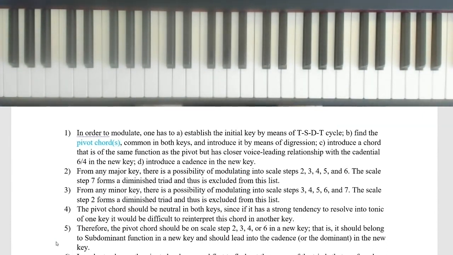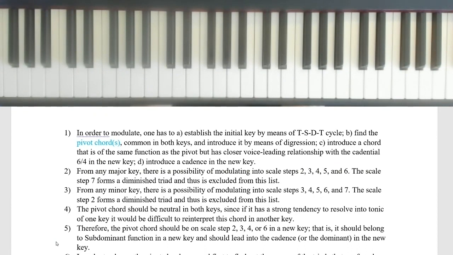Then you have to find the pivot chord. You have to calculate, find the chord which is common between two keys. I suggest not just taking it, but introducing it by means of digression.